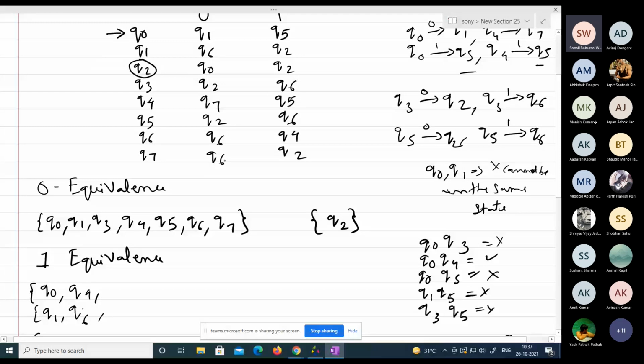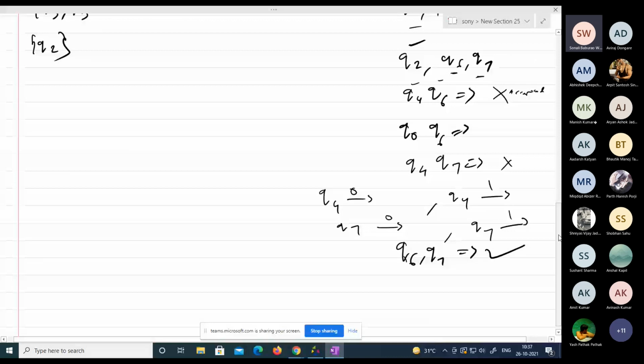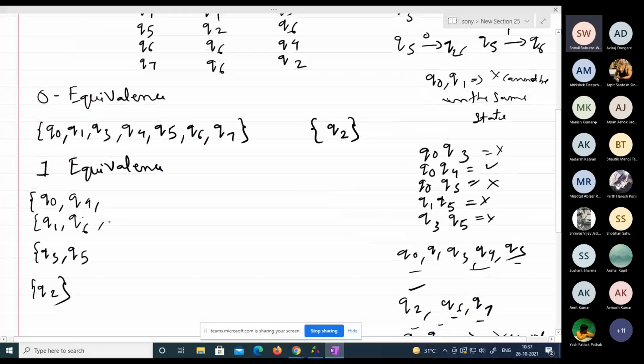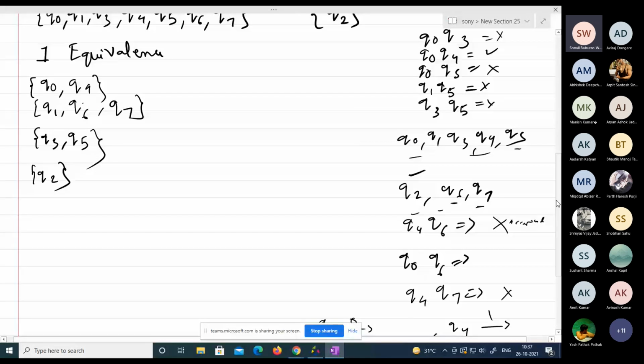So we can say that Q7 can be placed in Q6 group. Okay, so where is our Q6? Over here. So we can place them together. So this is our set of states. This is one equivalence. Now you have to calculate two equivalence.